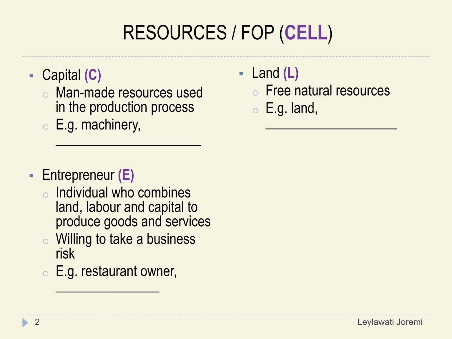It is already provided by the Lord, by Allah. So land is the land itself. So what are the free natural resources? Some of you may say sea or water. Okay, sea and water are no more free. But is there a real free natural resource used in the production process? Can you figure out?